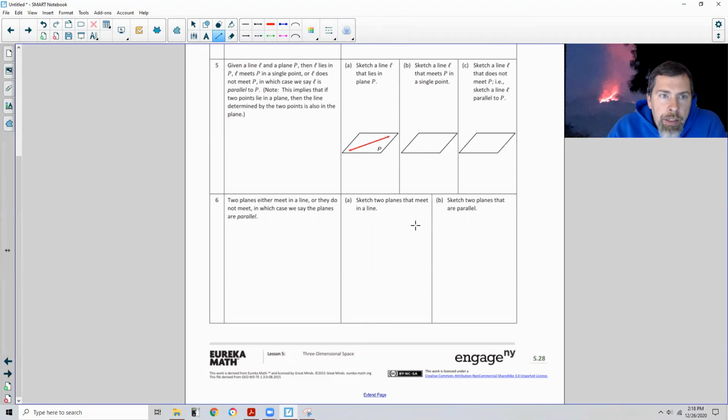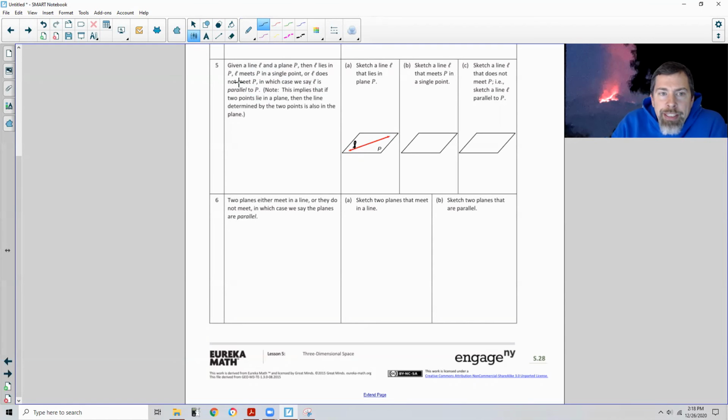There's a line. And then we need to name it L. So there's line L on plane P. Line L meets P in a single point, or line L does not meet P, in which case we say L is parallel to P.